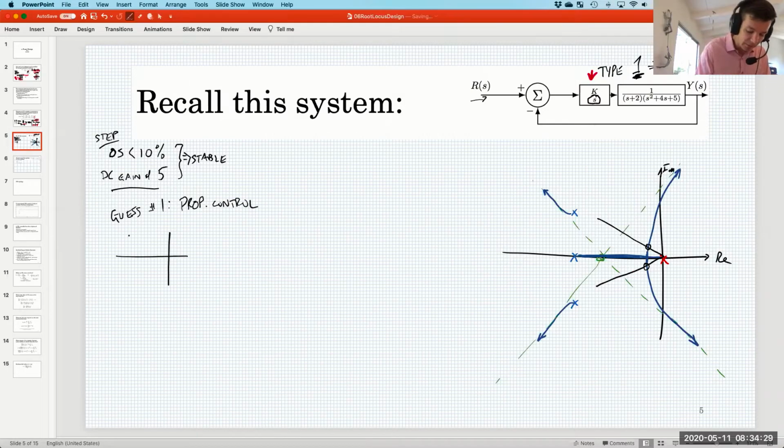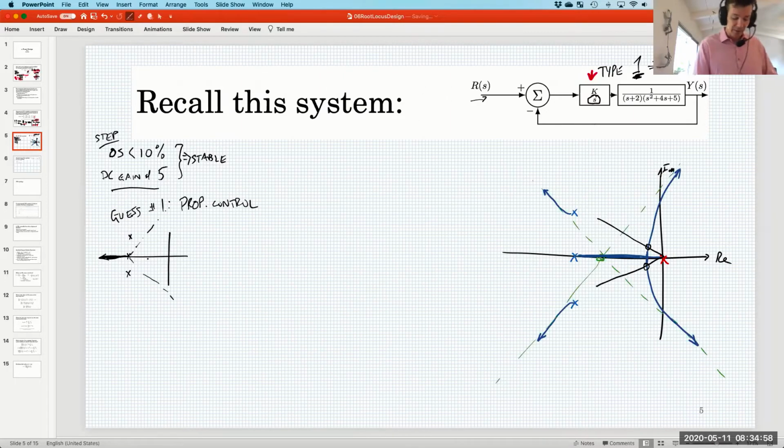Then I've got the 3 plant poles and no additional dynamics. So I'm going to have 3 asymptotes. The only part of the real axis that is in the root locus is going to be to the left of these 3. The center of mass is actually going to be, because they're all lined up, right here. And because I have 3 poles and no zeros, I'm going to have 60-degree asymptotes.